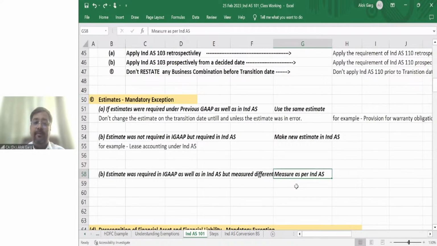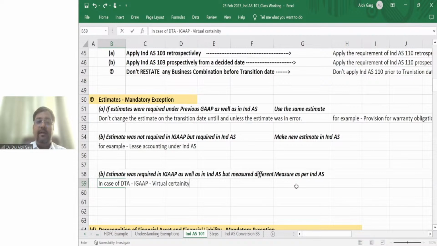Example, in case of deferred tax asset, in previous GAAP, it talks about virtual certainty and convincing evidence.